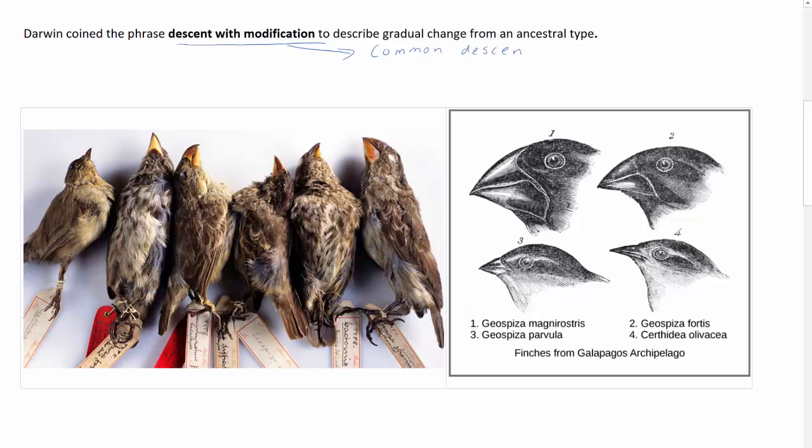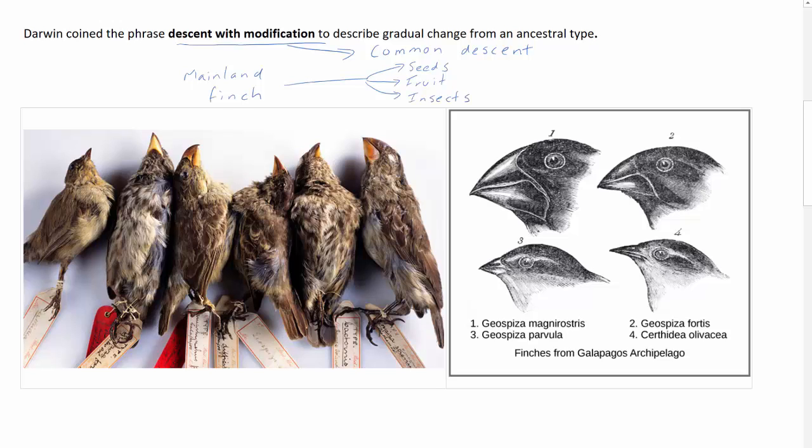So in this example, you had a mainland finch, which flew over to the Galapagos Islands, resulting in the evolution of different species. Let's just say some that ate seeds, fruit, and insects.